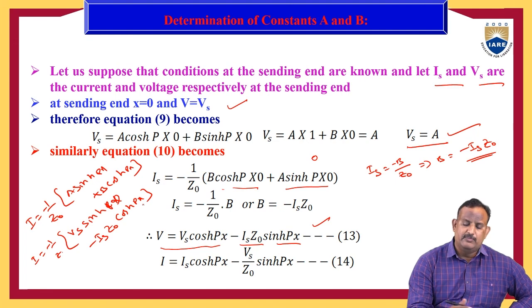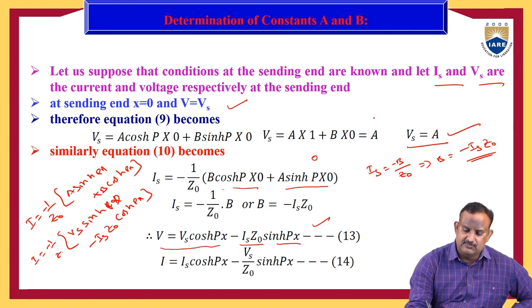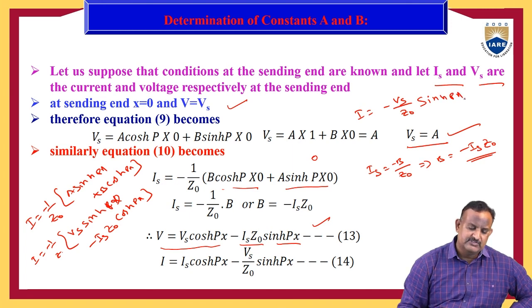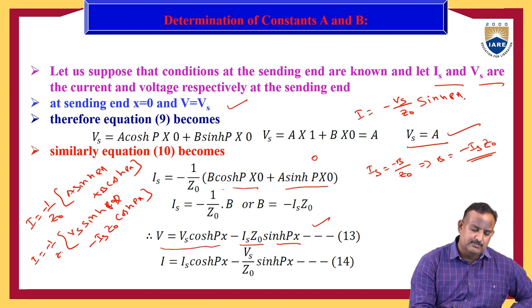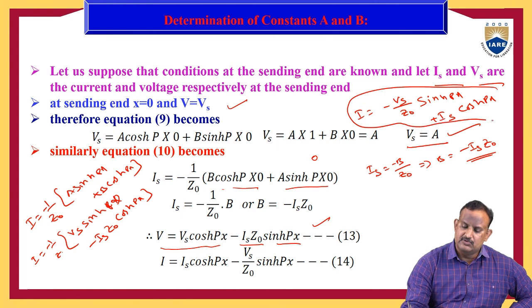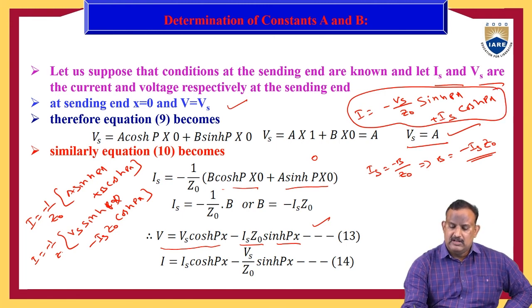Therefore, multiplying the expression, we have I is equal to −Vs/Z0 sinh px, the minus signs cancel each other and Z0 cancels, plus Is cosh px. Therefore, the current expression is I is equal to Is cosh px minus Vs/Z0 into sinh px.